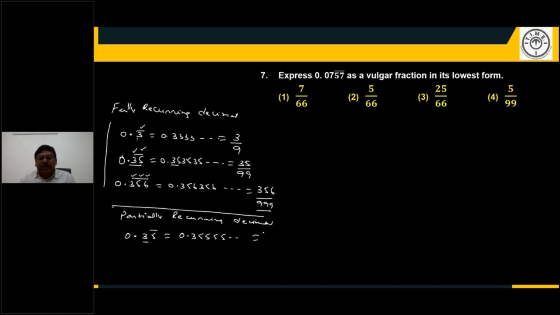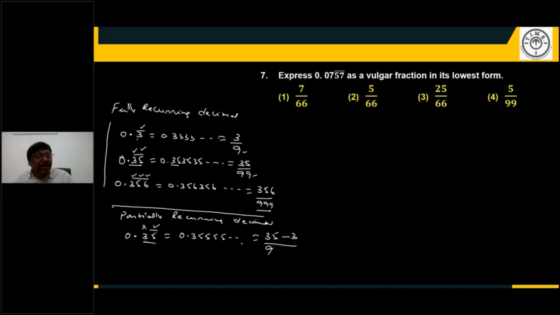So, friends, take the decimal part 35. What is the decimal part? 35 minus, take the entire decimal part minus the non-recurring part. What is the non-recurring part? 3 by, how many digits are recurring, students? 1 digit. What did I say? As many nines as the number of digits recurring. 1 digit is recurring means 1 nine.